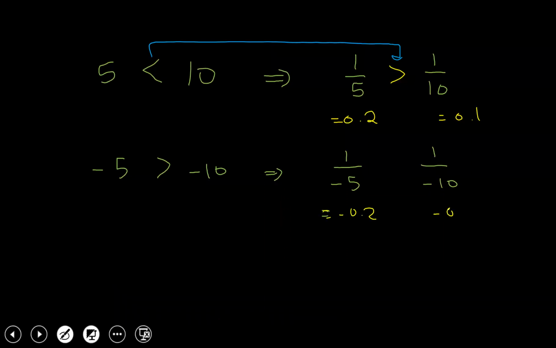This is -0.1. Which one is closer to 0? -0.1. So this is greater. What happened to the inequality? As you see here, also it has been reversed. It was greater and it becomes less than.